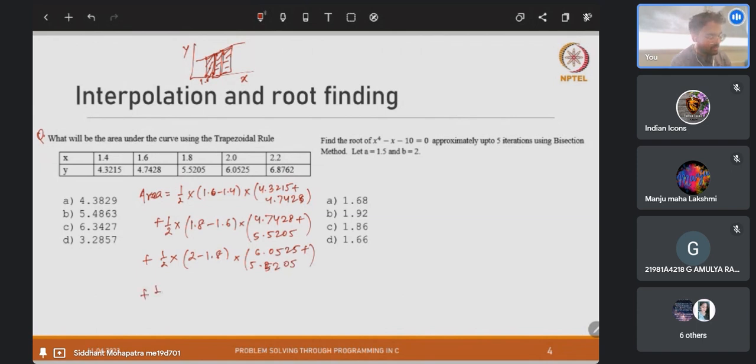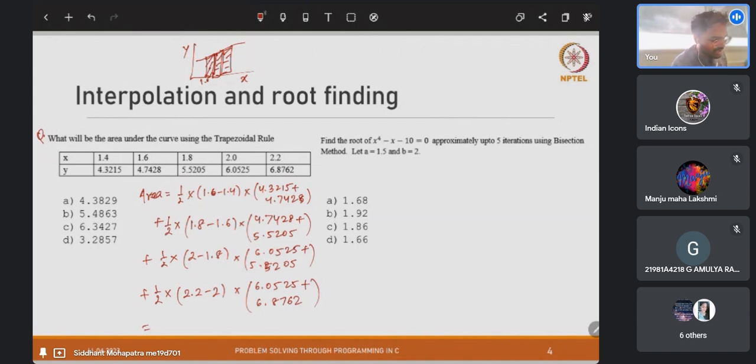Then the fourth trapezium, which is 2.2 minus 2 into 6.0525 plus 6.8762. If you calculate all of this, you will get the answer.